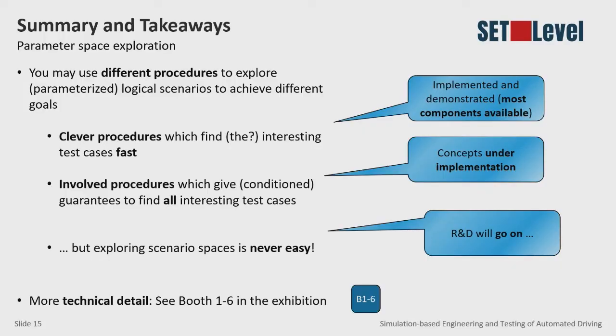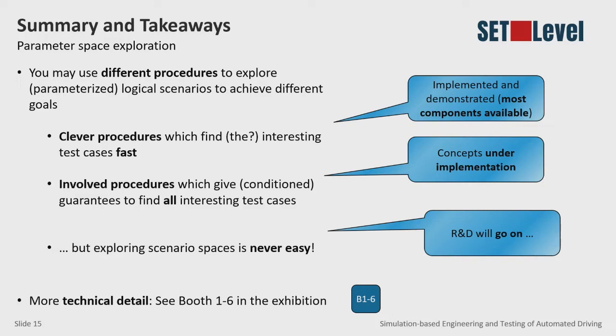So, to sum up, what have you seen? Two procedures coping with the interesting, complex, difficult, computationally expensive problem of covering a large scenario space. One of them, which is clever, goes to the interesting points fast, hopefully getting all of them. And if you want more, there's a more involved procedure, more expensive, I'm pretty sure.